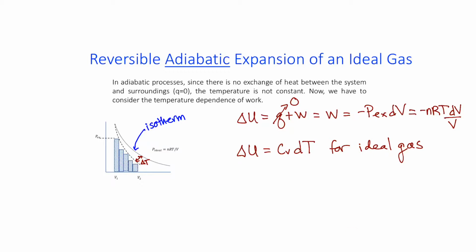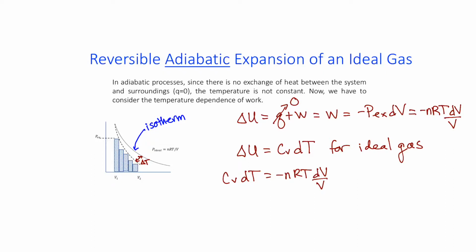So we know that CV dT should be equal to minus nRT dV over V. Okay, so hopefully you're seeing that we can do just a little minor rearrangement here to get all of our variables that are changing on corresponding sides.